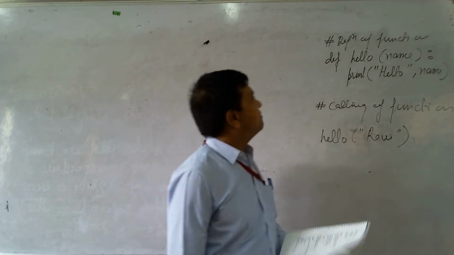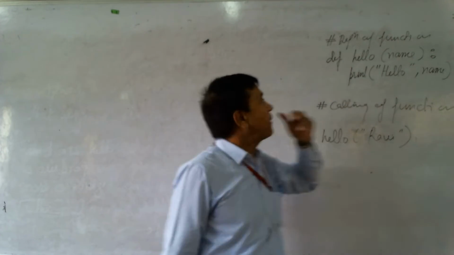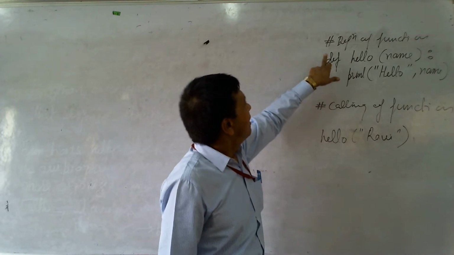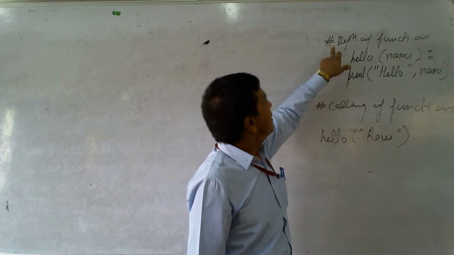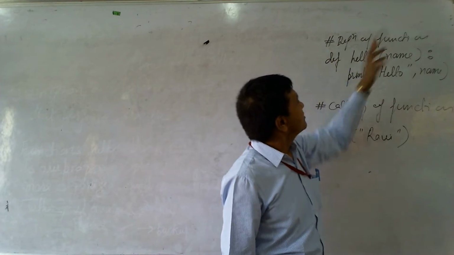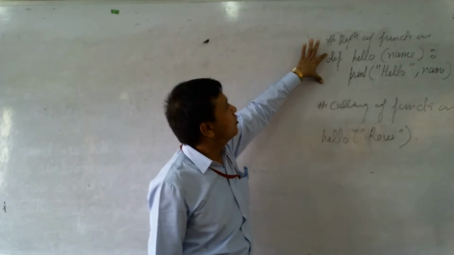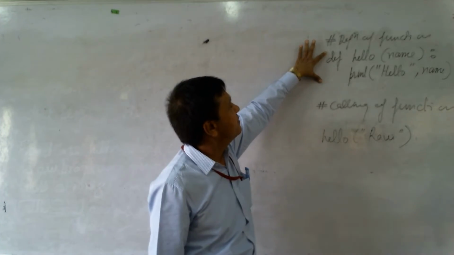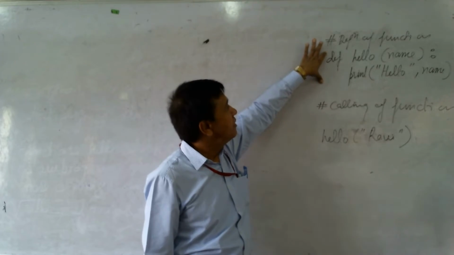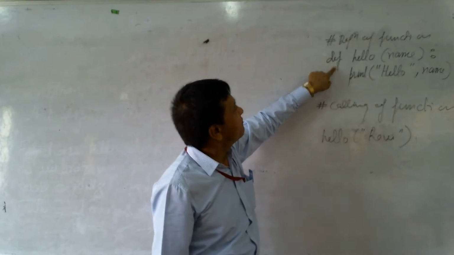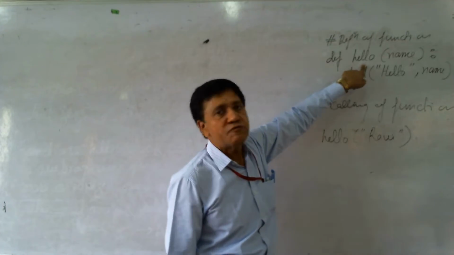See, this is a simple example of a function. This is the remark, and this is the definition of the function. In Python, the keyword def is used before starting the function.